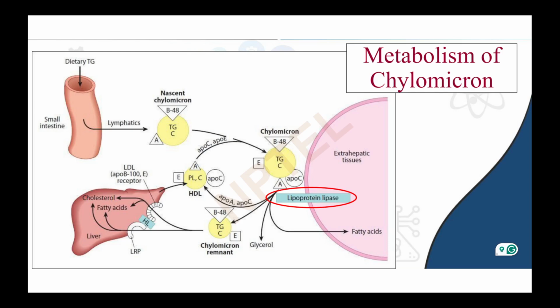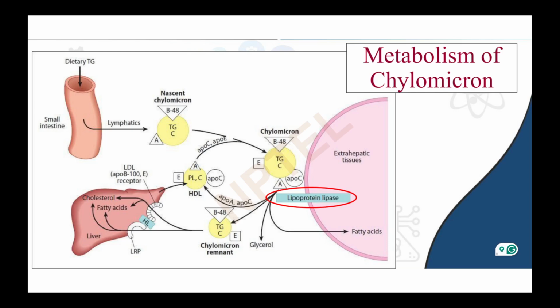All the dietary triacylglycerol is absorbed by this chylomicron, which helps in the transport of these fats, lipids, or cholesterols into different locations. Chylomicron has a high amount of triacylglycerol and some amount of cholesterol, and ApoB48 is the integral protein, that is the marker of chylomicron.